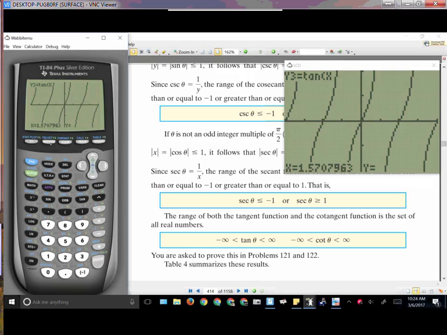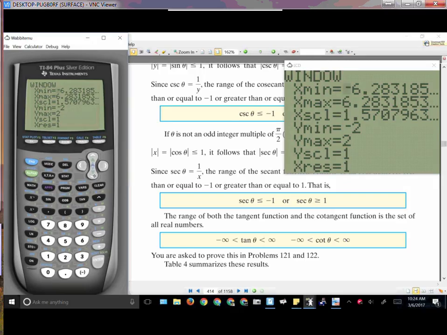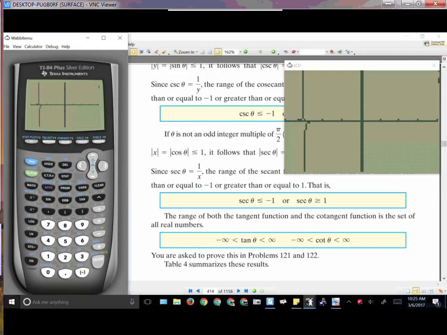And if you want to, you can take your window and say move out to -100 and 100 on the y. Graph them out. Okay. You've got your asymptotes. It only goes up so far, and then it goes and has problems with it.